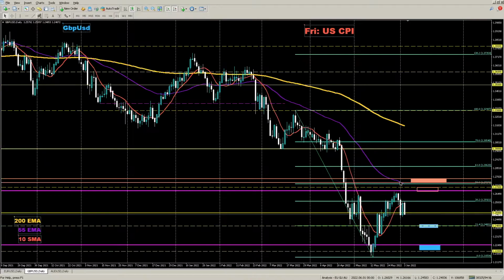Just above the daily 55 EMA. That's around the 127.50 zone. That's at the 55th retracement of this move down.